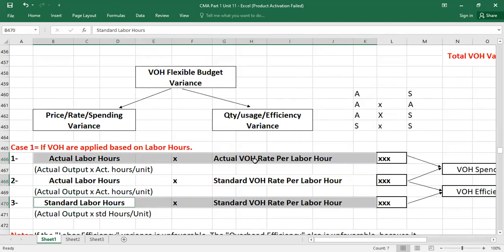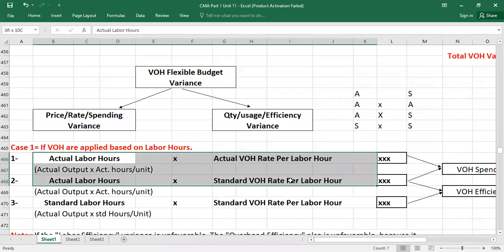And there is an actual variable overhead rate, and here we have a standard variable overhead rate. So rate variance is also there, which is called spending variance. So directly, if you take the difference of first line and the third line, you will get the total variable overhead variance. As we just learned, if you take the difference of first two lines, this is called spending variance.